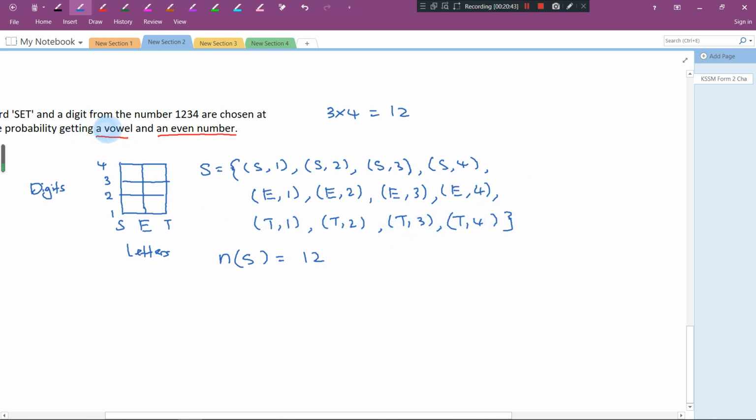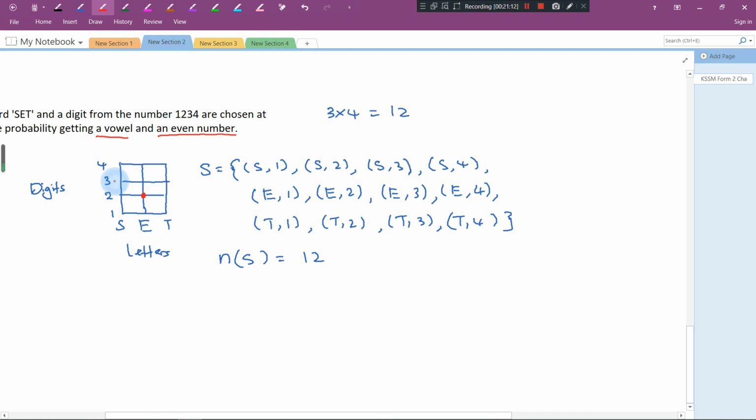Now we want to get a vowel and an even number. You can choose from here. It's actually very easy, very convenient. We can just get it from this diagram. We want a vowel, right? So we look at the vowel here, E, and an even number. E and 1, this combination is not okay, because 1 is not an even number. E and 2 is a combination that we want. Vowel, even number.